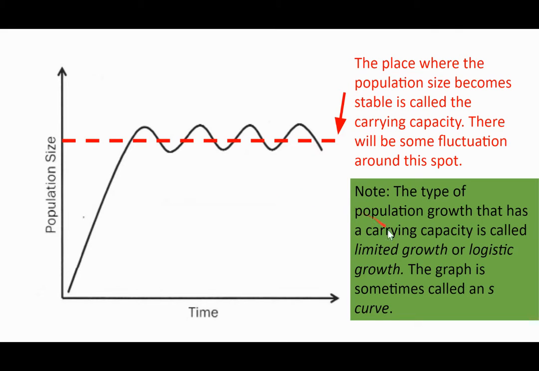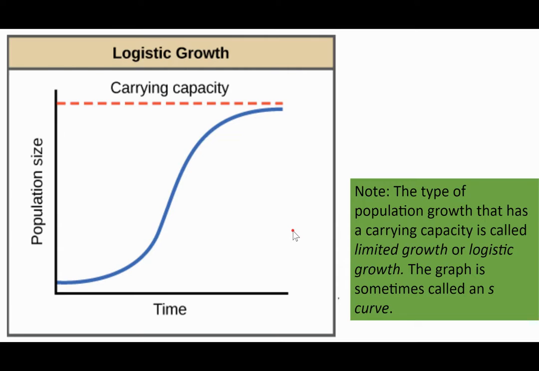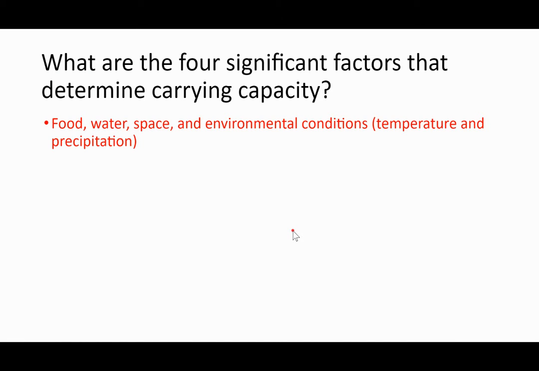So let's take a look at our first flap. So this is just, again, a note reminding us that this is logistic growth or an S-curve. Okay, question number 1. What are the 4 most significant factors that determine carrying capacity? So underneath that flap, I put a list, number 1, 2, 3, 4. So number 1 is food.